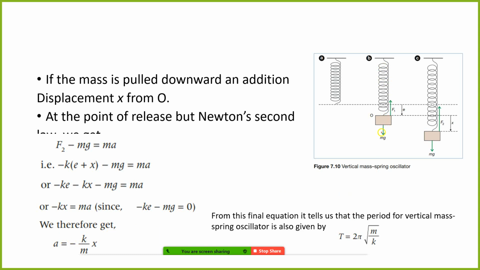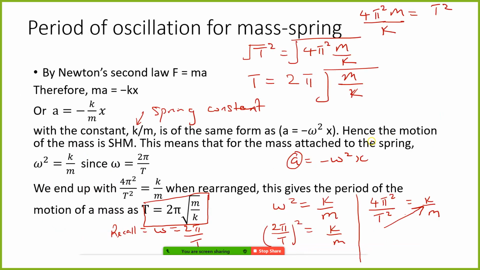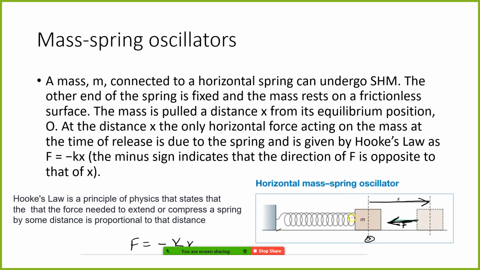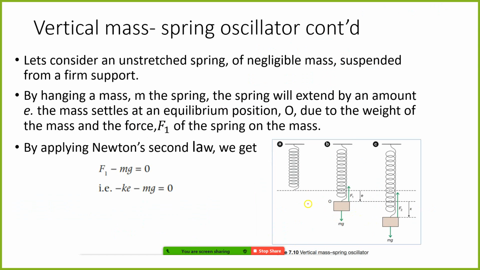In previous lessons, we looked at the derivation for when the springs were pretty much horizontal, such as this. All right. This one is a little bit more complicated because it takes into account a lot of things, right?